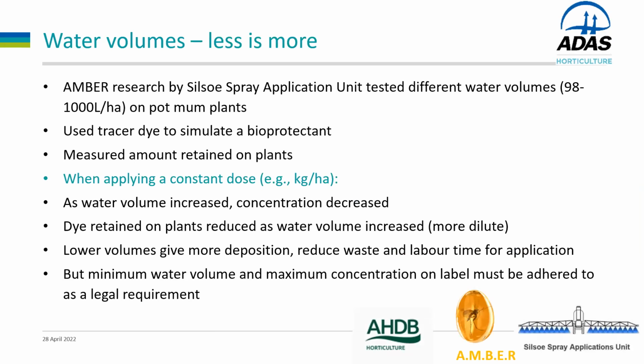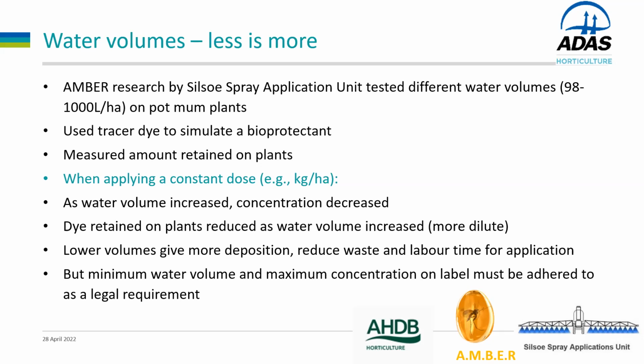So this was looked at a bit in the Amber project, and various different water volumes were tested, and the amount retained on the plants recorded, and just the main message there: lower water volumes give more deposition, reduce waste and labour time for application.